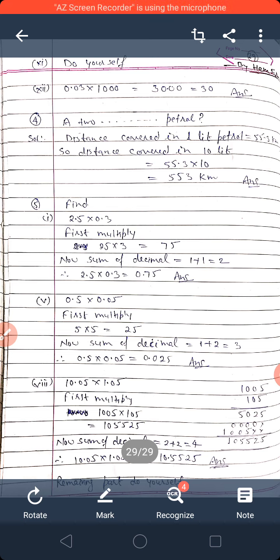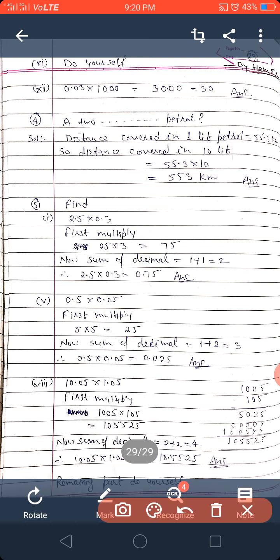Firstly, we write the distance covered in 1 liter of petrol: 55.3 kilometer. So the distance covered in 10 liters is 55.3 into 10. When multiplied by 10, the decimal point shifts to the right by one place. Then its answer is 553 kilometer.